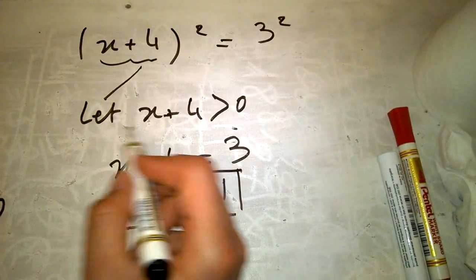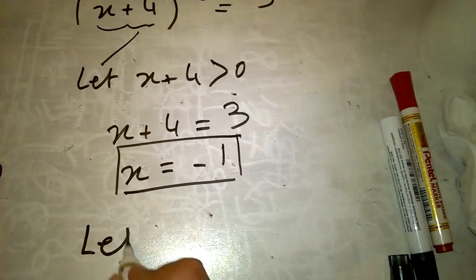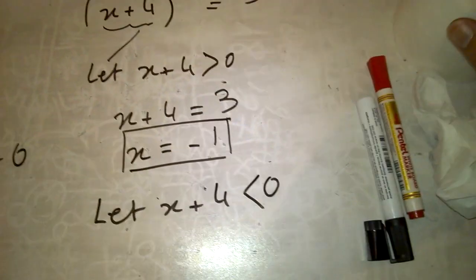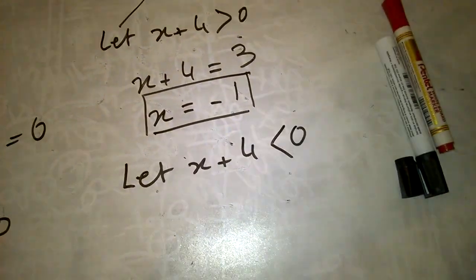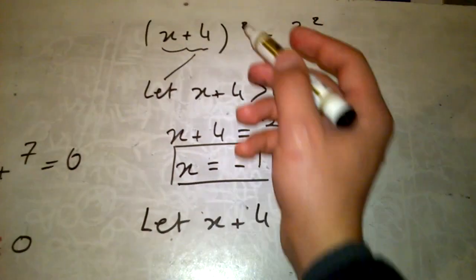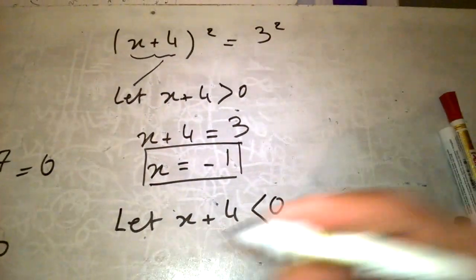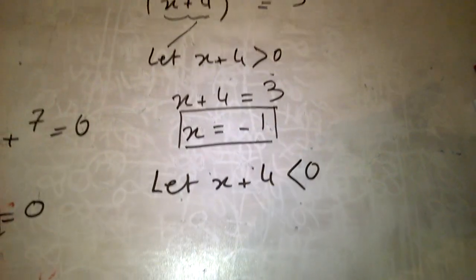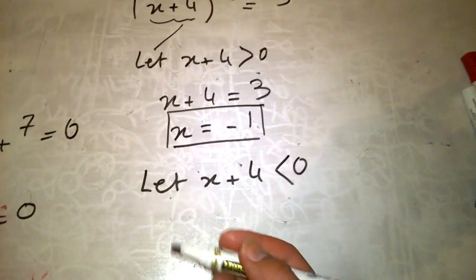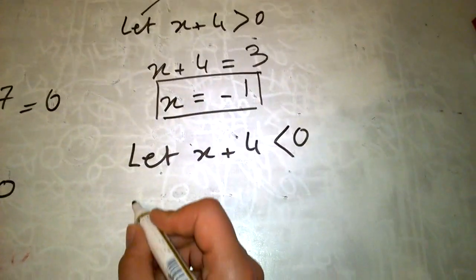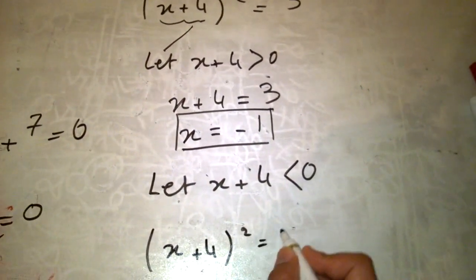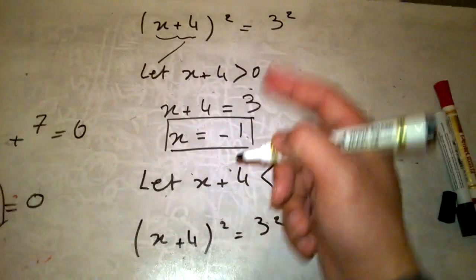Second solution, if we let x plus 4 be negative. If it's negative, that means to take the square out, we'll have to change the inside to be positive. I don't know if it makes any sense while I'm saying it, but look, I'm going to show you: x plus 4 square is equal to 3 square, that's the same as before.